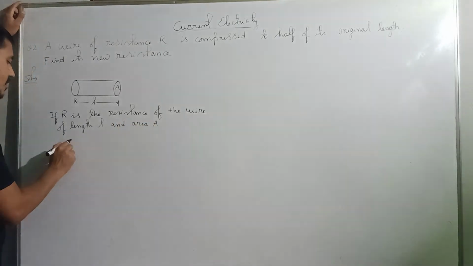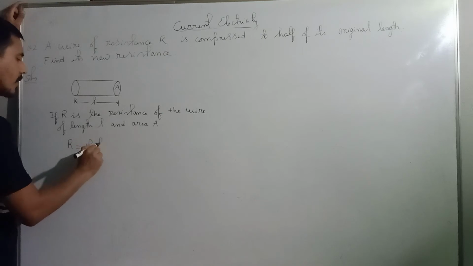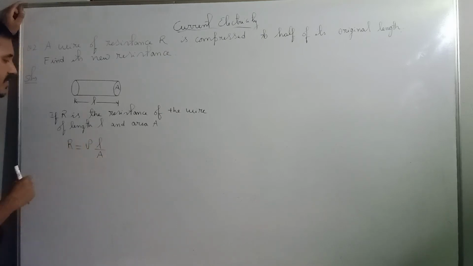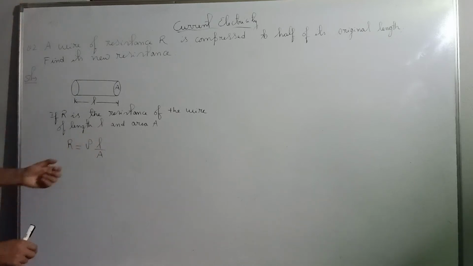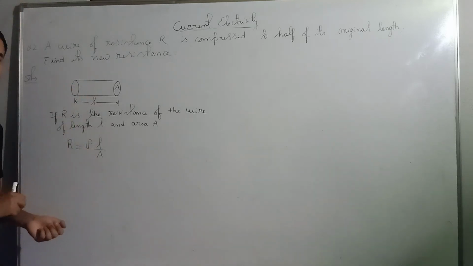then the resistance will be given by rho L upon A, where rho is the resistivity of the material, L is the length of the wire, and A is the area of cross-section of the wire.